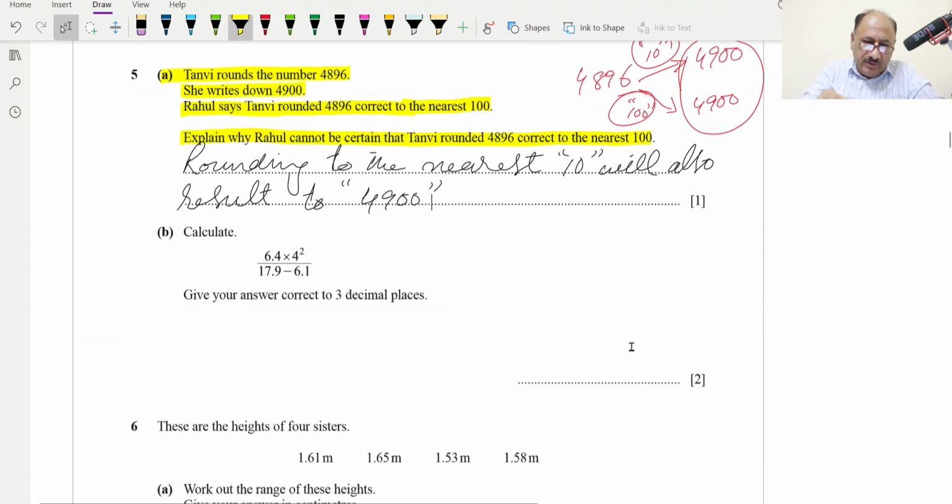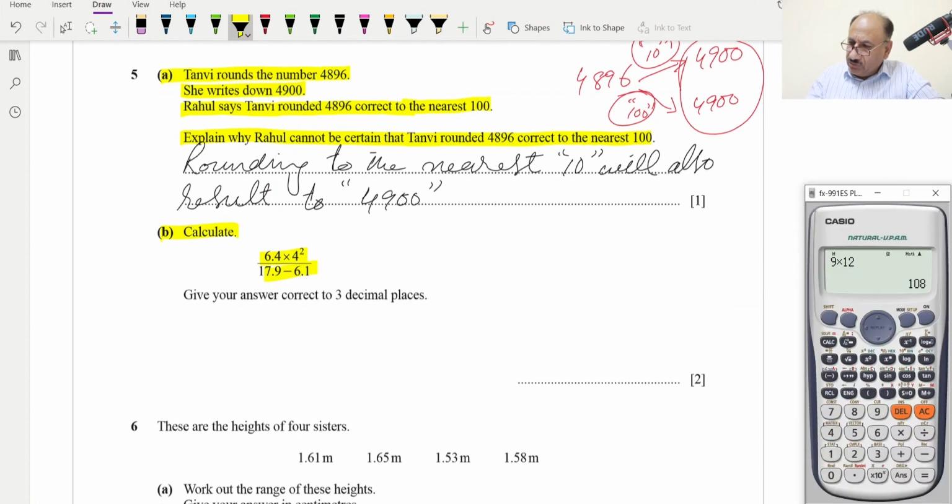Then B part, they are saying calculate this fraction, for which we can use a calculator: 6.4 into 4 squared over 17.9 minus 6.1, and this is equal to 512 over 59.